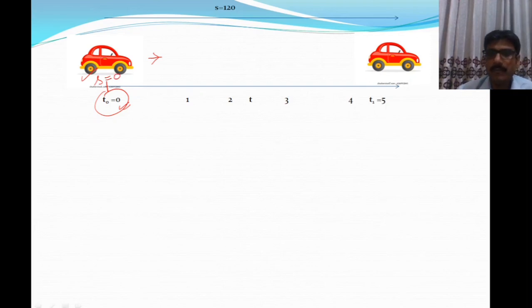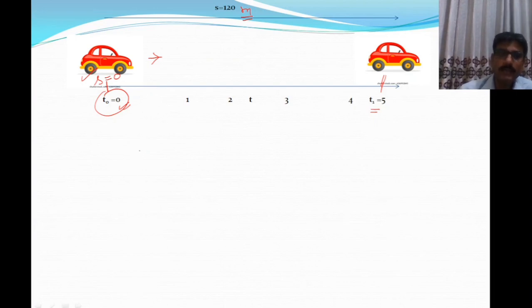And after time t1 equals 5 seconds, the car is here. In this 5 seconds time period, the car covers, suppose, 120 meter distance. So if we are talking about the average speed, what will we do?